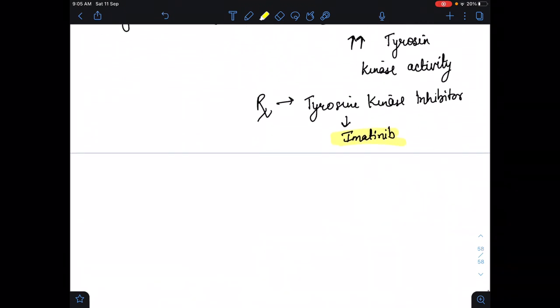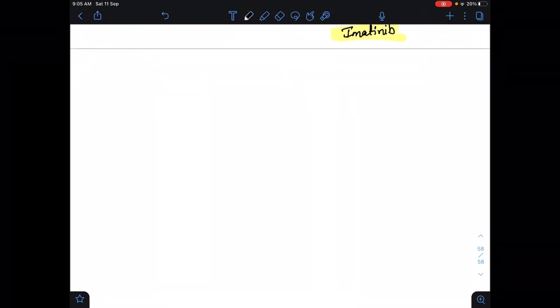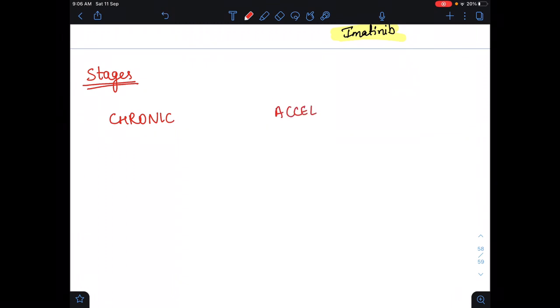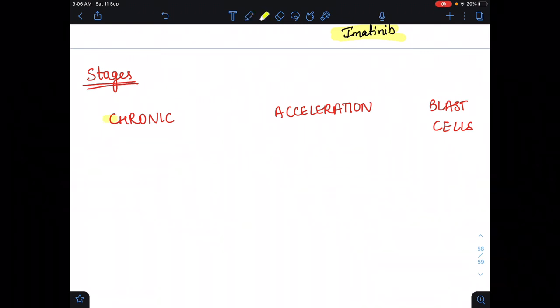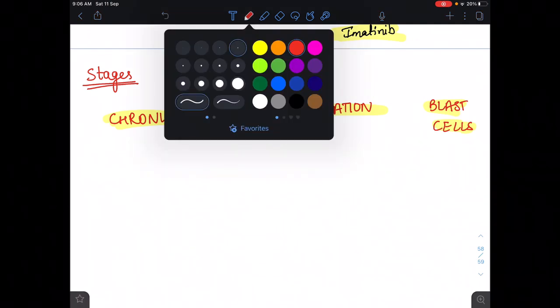Now for CML, we also have to study the stages. We have three stages. First one is the chronic phase, second one is the accelerated phase, and the third one is the blast phase.